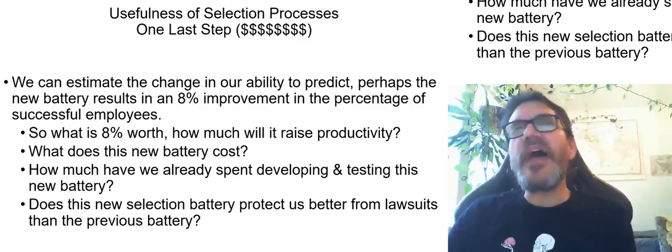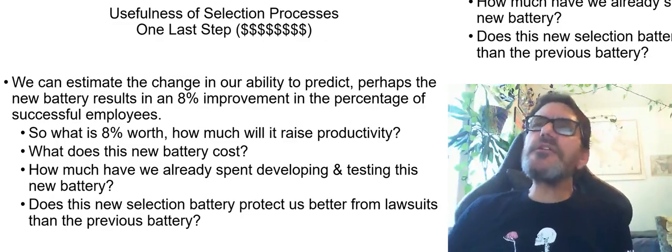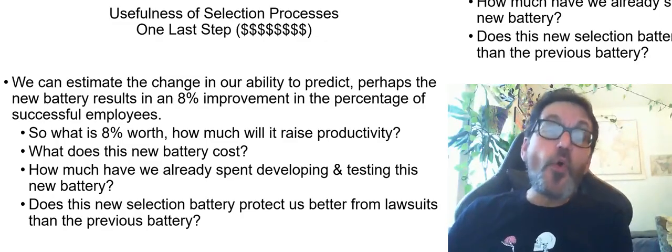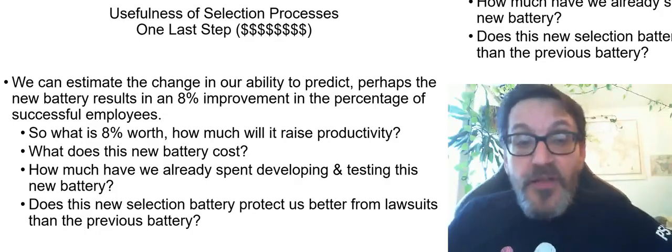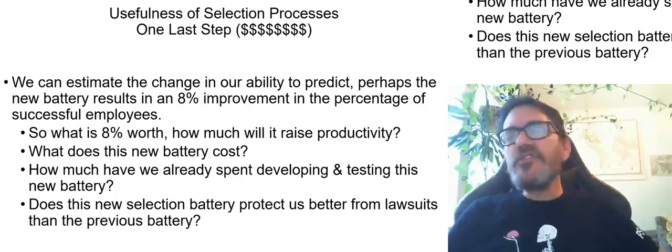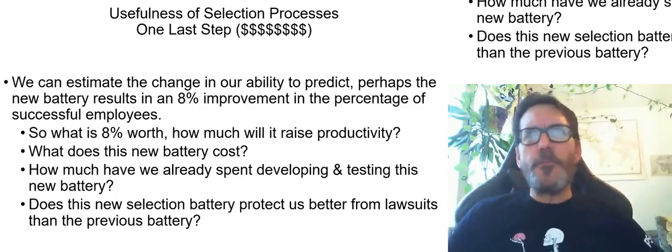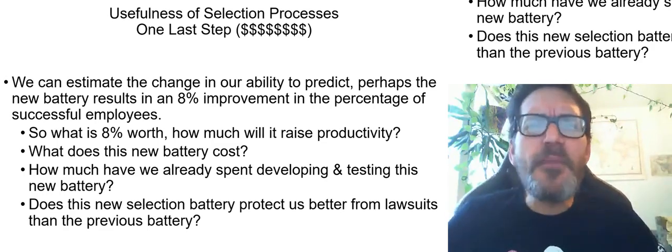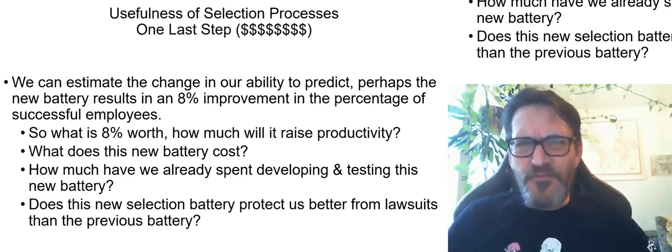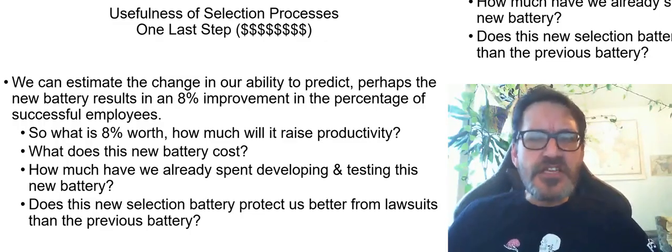Okay, they're not that confusing. And so the Taylor-Russell tables allow you to quantify how good a selection battery is. You combine that with your base rate, and you come up with, let's say, for example, my new selection battery allows for an 8% improvement in the percentage of successful employees.